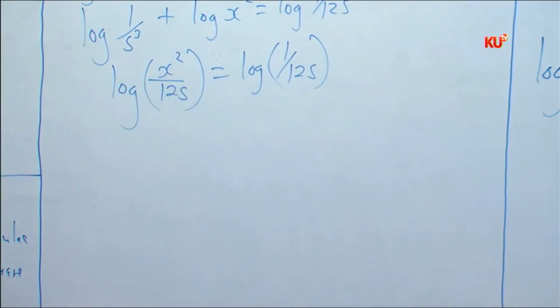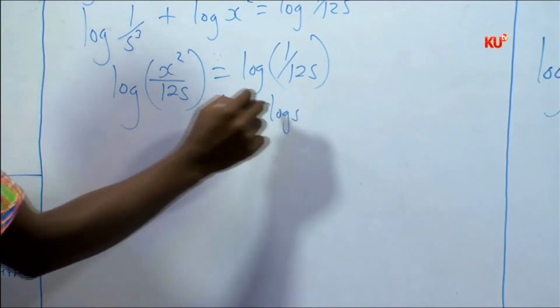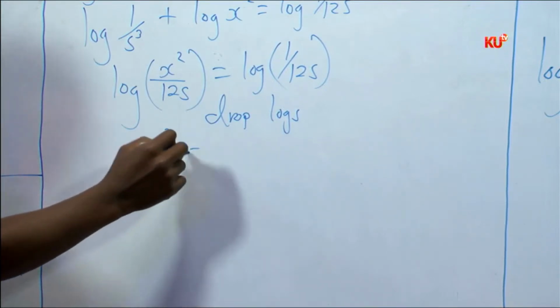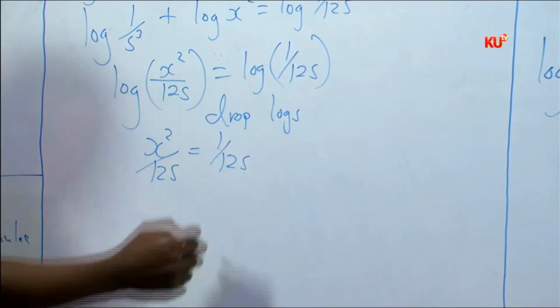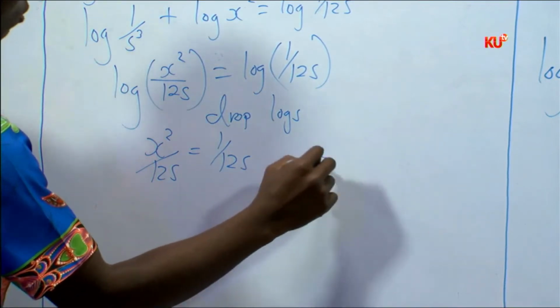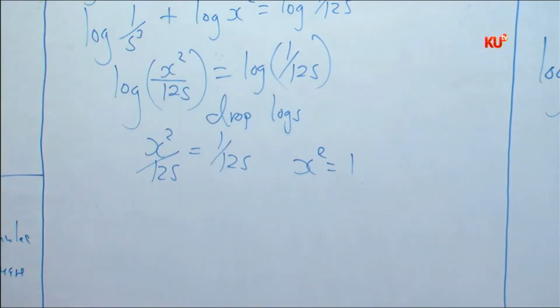Then we drop the logs. When we drop the logs, we end up having 125x squared equal to 1 over 125. And so it means, therefore, x squared is equal to 1, because 125 will cancel out.